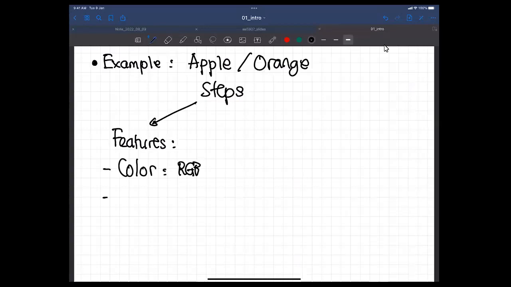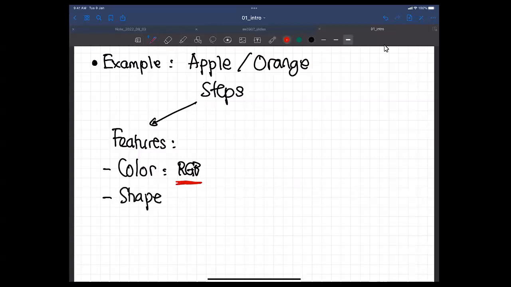Aside from color, what else? The shape, right? So again, when we talk about features, it's not just a human concept. It has to be a mathematical concept. It has to be numeric, has to be numbers. So when we talk about colors, we are talking about RGB, and RGB is actually a value between 0 to 255.